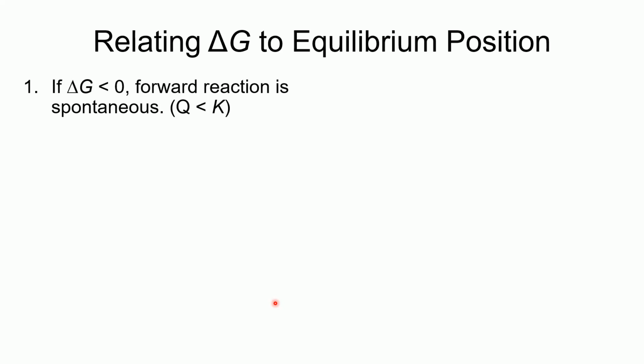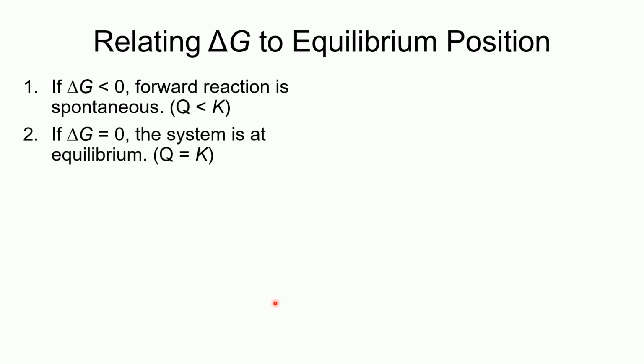If delta G is less than 0, as we just talked about, the reaction or process is going to be spontaneous in the forward direction. Going back to chapter 15 where we compared Q to K, that's the situation where Q is less than K. So when delta G is less than 0, Q is less than K. That's a good thing to remember.